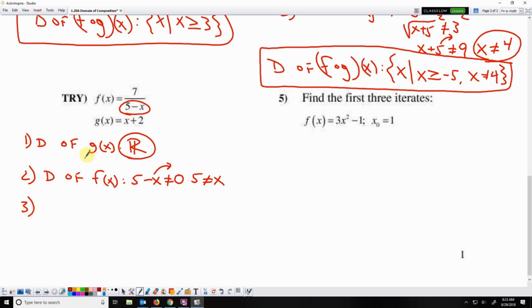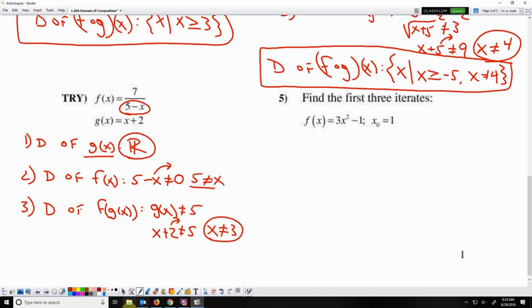And I steal from step 1, g of x, and from step 2, cannot equal 5. So the domain of f of g of x cannot equal 5. So that's x plus 2 cannot equal 5. And we'll subtract that 2. X cannot equal 3.